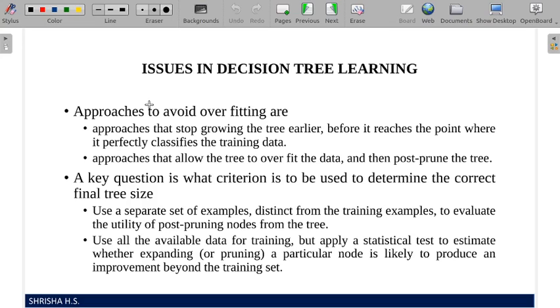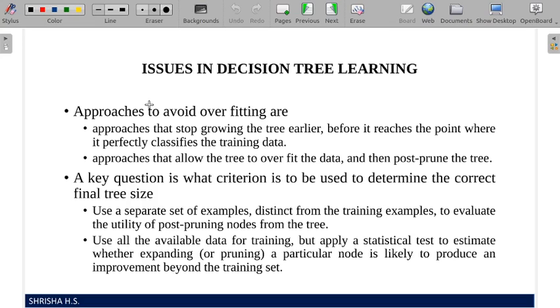There are two approaches to avoid overfitting of data. The tree should be of optimum height. If it is less, the accuracy decreases. If it is more than the threshold height of the tree, then it overfits the data.